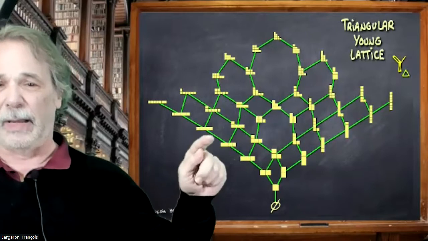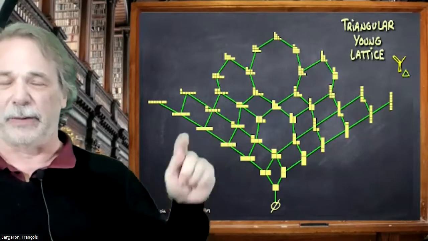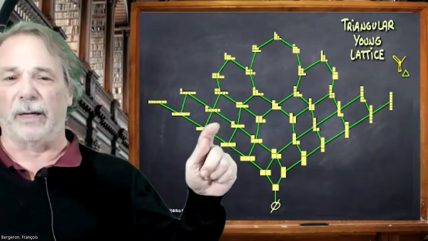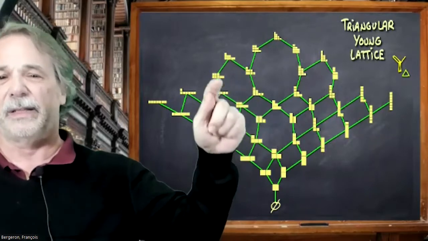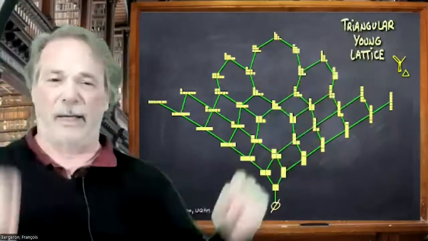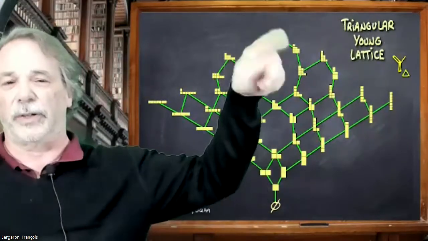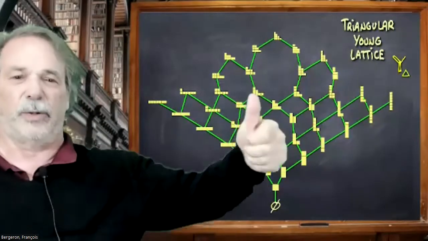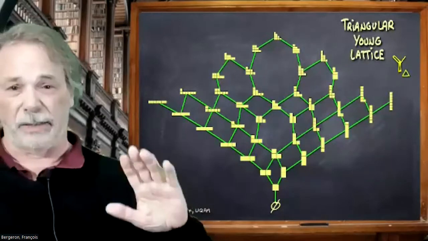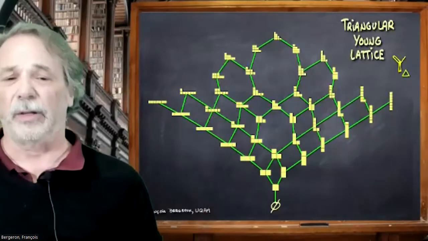And the faces are very nice. Many are quadrangles, and then there's a 6-sided and 8-sided one there, and this goes on. And there are larger and larger faces as you go up. So the Young lattice of triangular partitions here is planar.